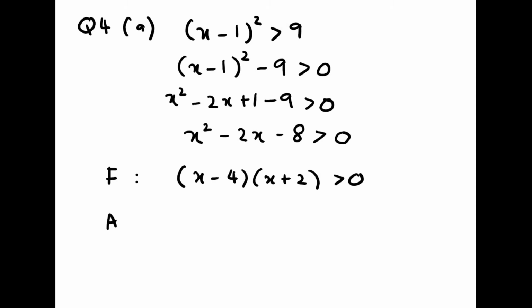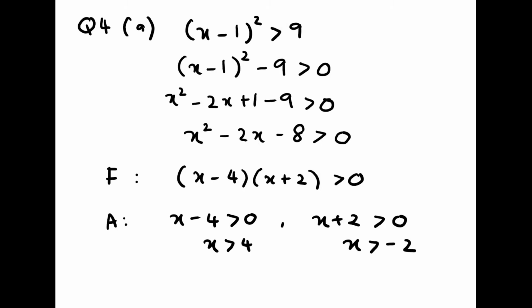A stands for, you need to assume your factor always greater than 0. So x minus 4 greater than 0 for the first factor, and the next factor x plus 2 also greater than 0. Okay, next, solving this, x is greater than 4. The other one, x is greater than negative 2. That is A. So we are going to continue to the next step.